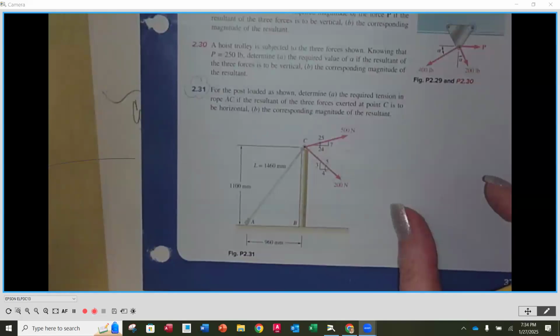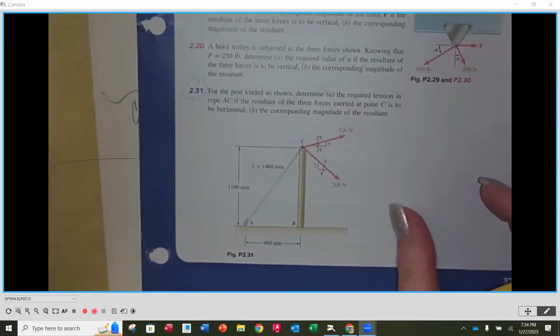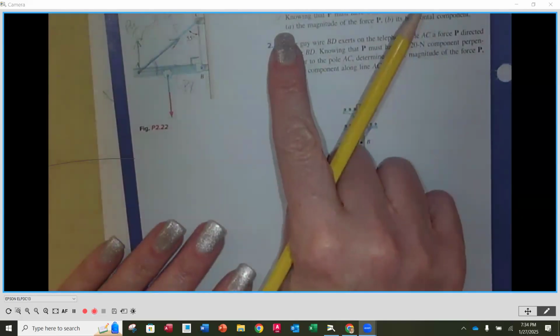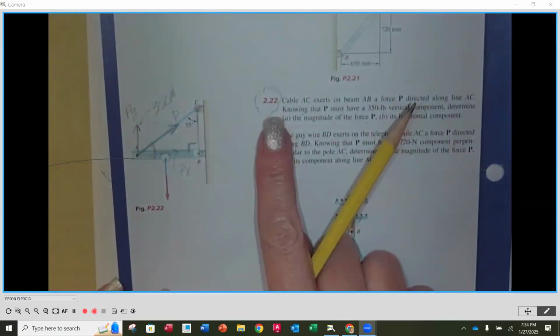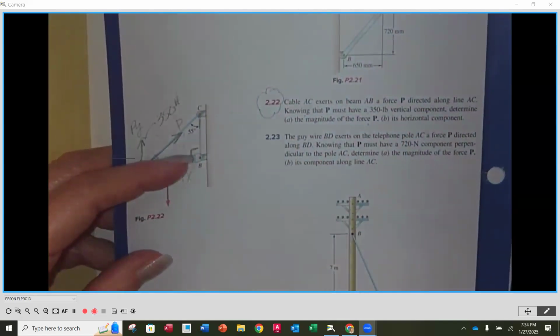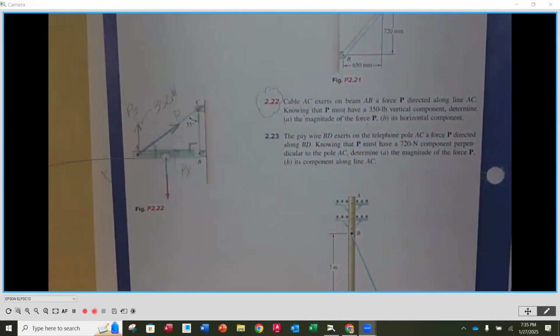Those are those two. And then I think if I go a little bit further, you should be able to do number 22 as well. Oopsie, sorry, number 22. And then 26 is going to be the next subject that we talk about. So there's about 6 problems based on where we're at right now.